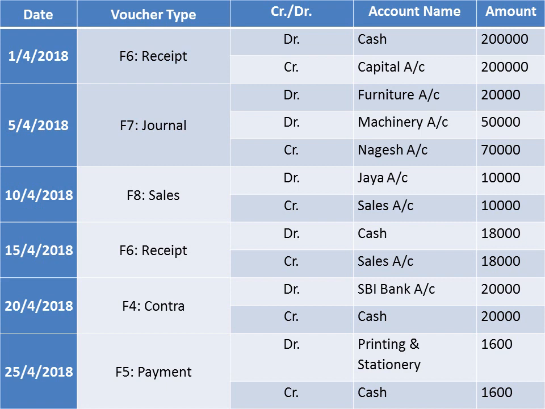The same for the next transaction, cash account debit to sales account, and the next transaction is F4 contra entry because SBI bank account debit to cash account. And the last transaction is paid rupees 1600 for printing and stationery. Here payment, you can use F5, printing and stationery debit to cash account.